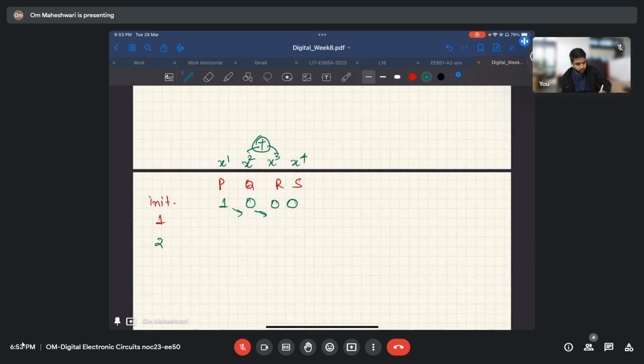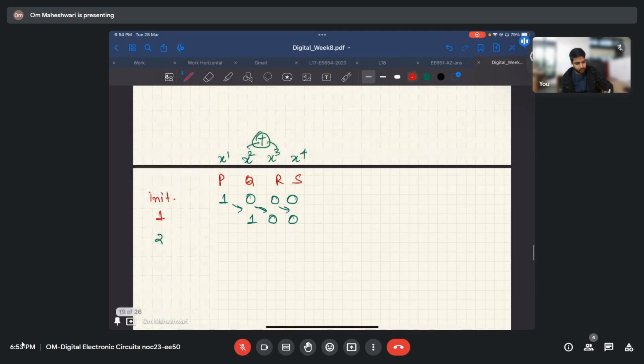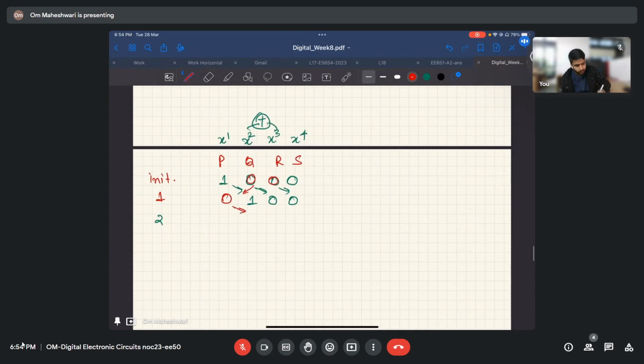After the first cycle, this will shift 100, and here we will have XOR of these two. XOR of 0 and 0 is 0. This will again shift 0 1 0, and XOR of 1 and 0 is 1. The third cycle, these will shift 1 0 and 1.